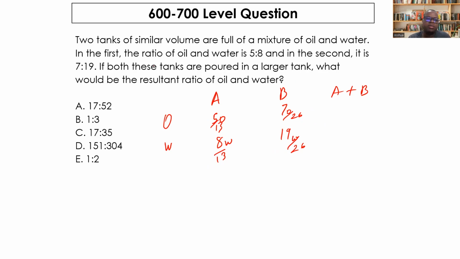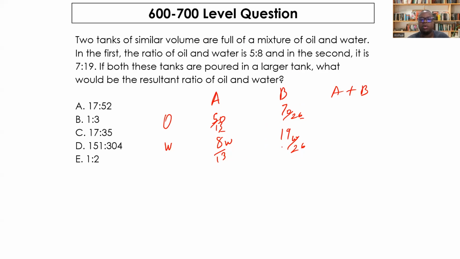But what we've been told is that they are of similar volume. So we need a similar value to work with for us to be able to solve this problem. So we look at the denominators, we have 13, 26, 13, 26. We need to make one equal to the other. And it's easier to make the 13, the A, equal to B by multiplying it by 2.